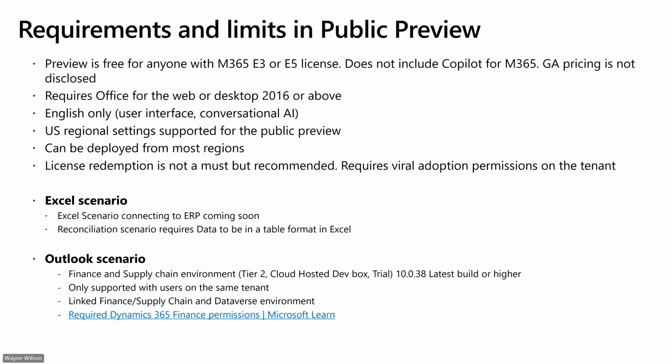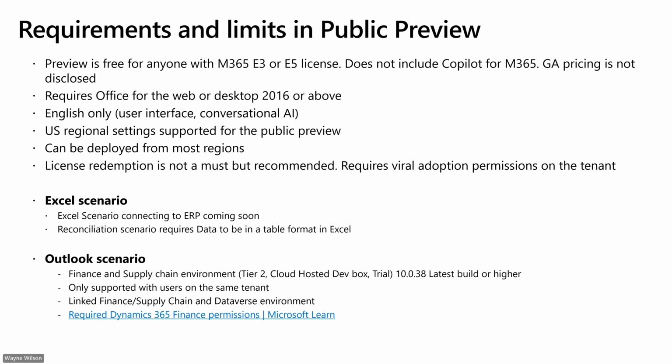If I look at Outlook, there is a connection currently in the public preview to Dynamics 365 Finance and Operations. Due to that, there is a requirement that you need to have a Power Platform integration link between a Dataverse environment and an F&O environment.